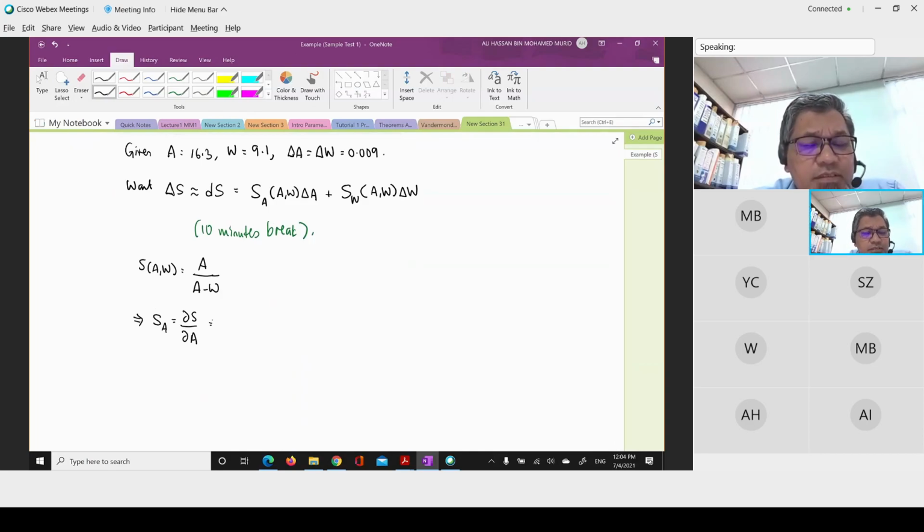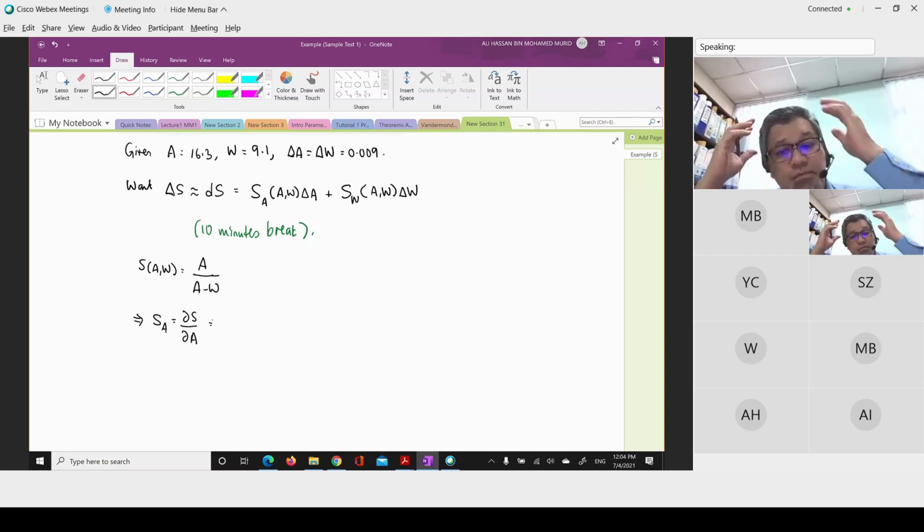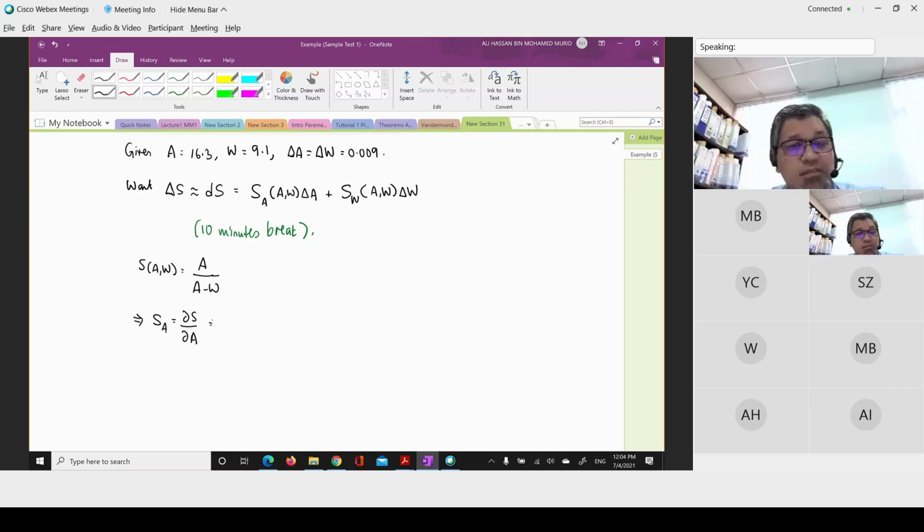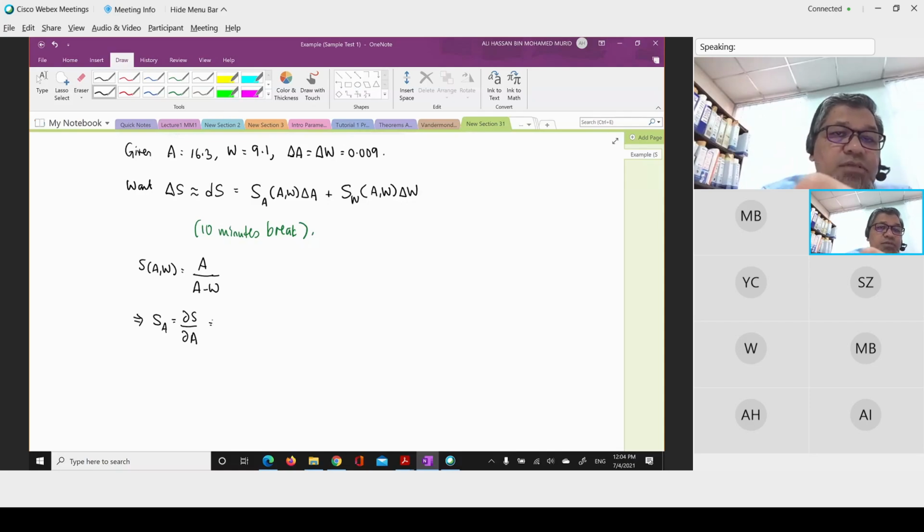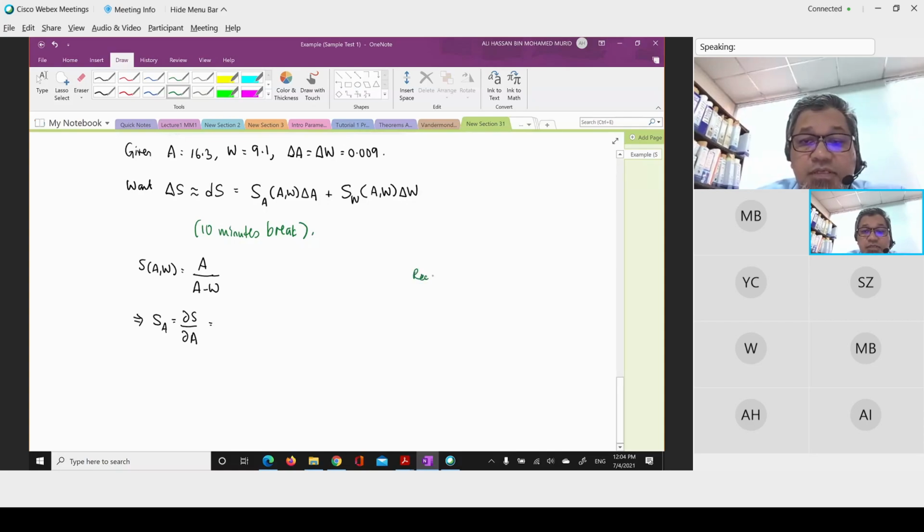Has anybody tried this? We have A upstairs, also A downstairs. So let's try the quotient rule. Recall the quotient rule for the derivative of a function of a single variable.